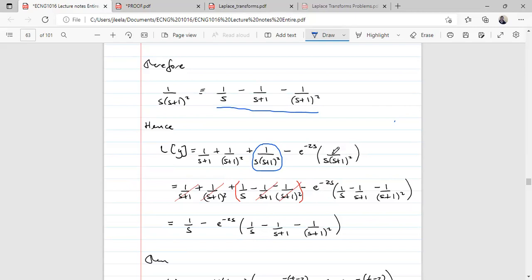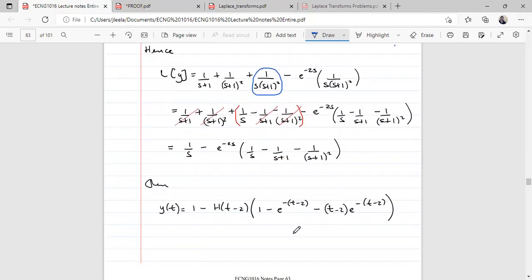And we already know that the partial fraction breakdown for this is these three terms. So you'll have 1 over s minus e to the minus 2s into 1 over s minus 1 over s plus 1 minus 1 over s plus 1 squared, right?